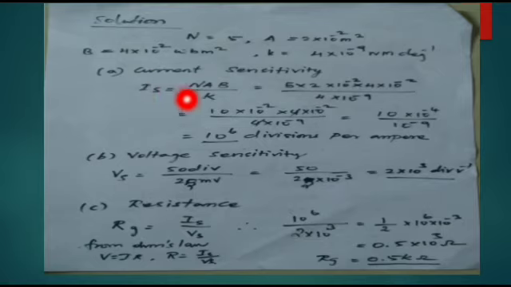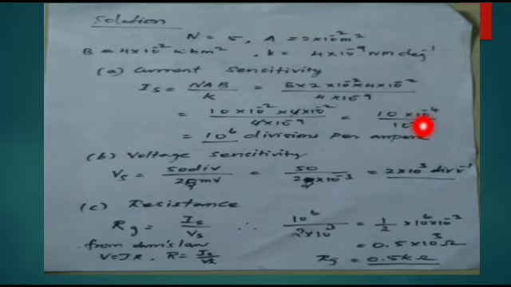From the formula, theta by I is equal to NAB divided by K. Substituting, 5 into 2 into 10 power minus 2 into 4 into 10 power minus 2, divided by 4 into 10 power minus 9. The 4s cancel, giving 10 into 10 power minus 4 divided by 10 power minus 9.